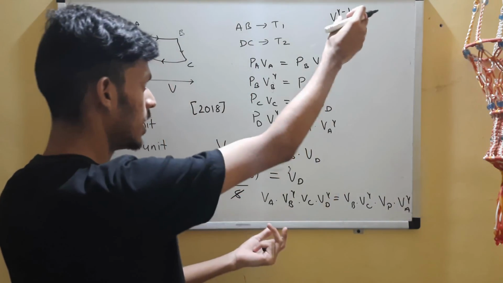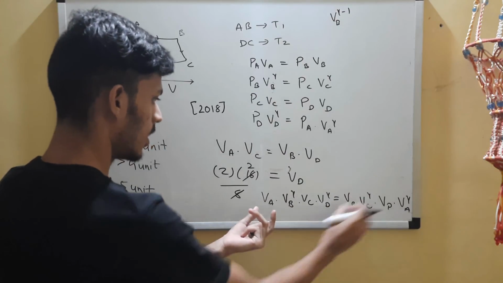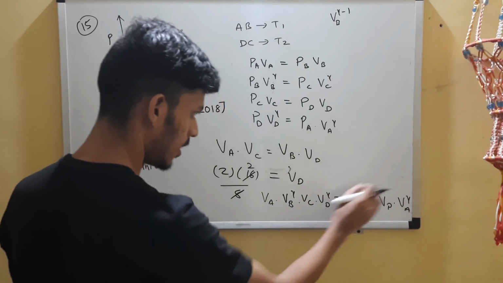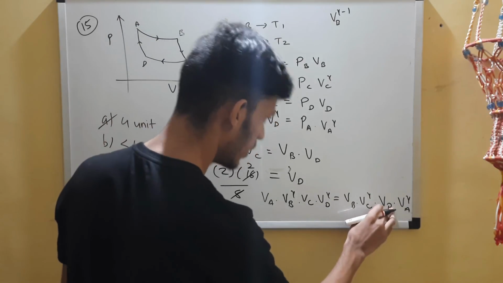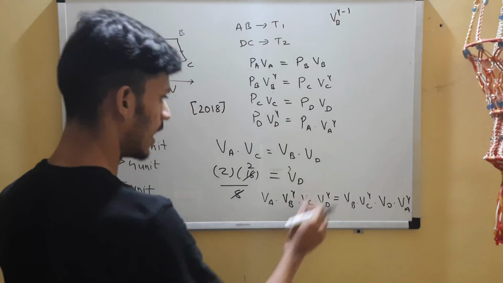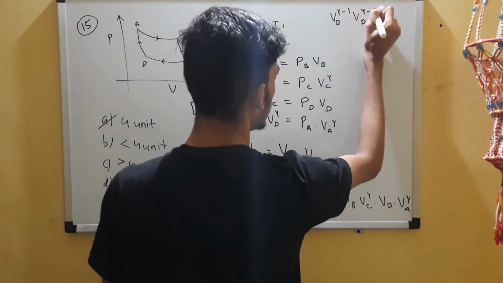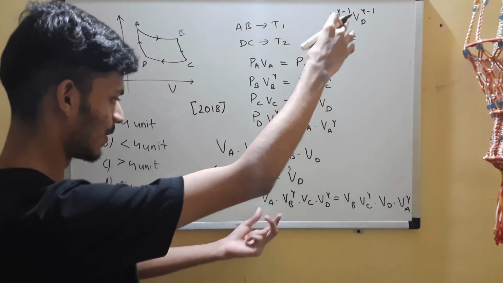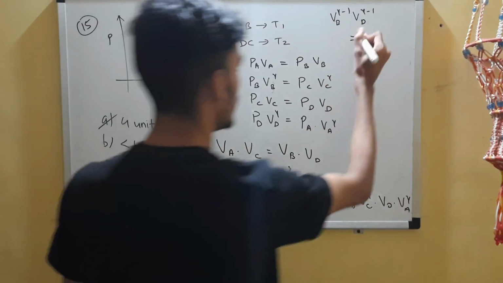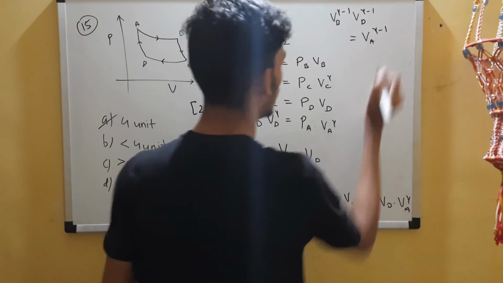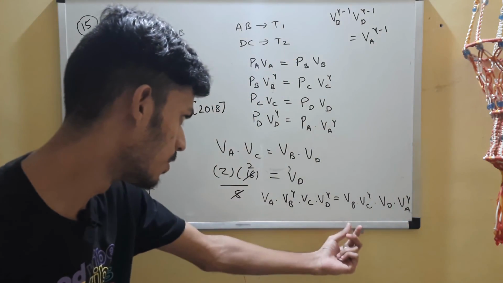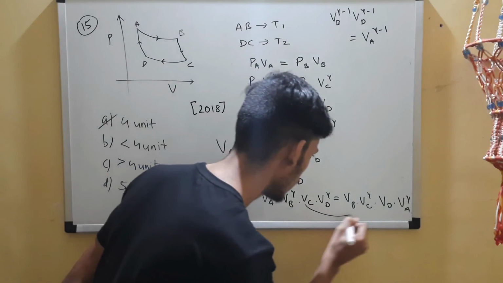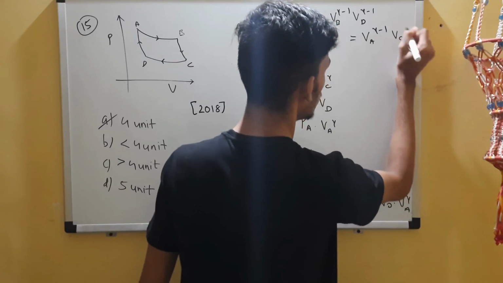Similarly, VD raised to gamma minus 1 equals VA raised to gamma minus 1, and VC raised to gamma minus 1.